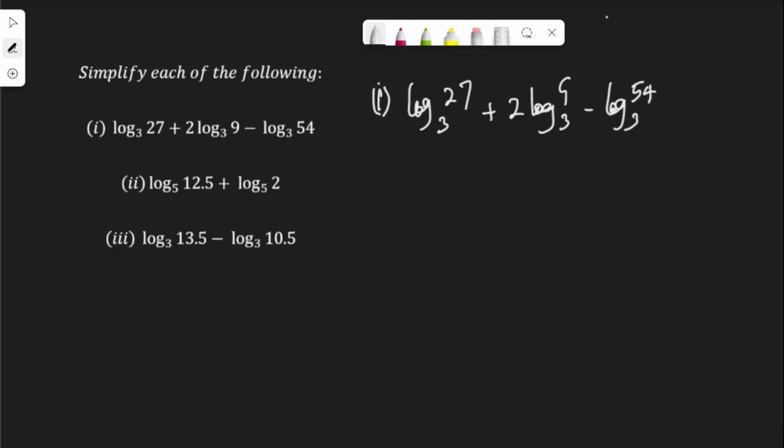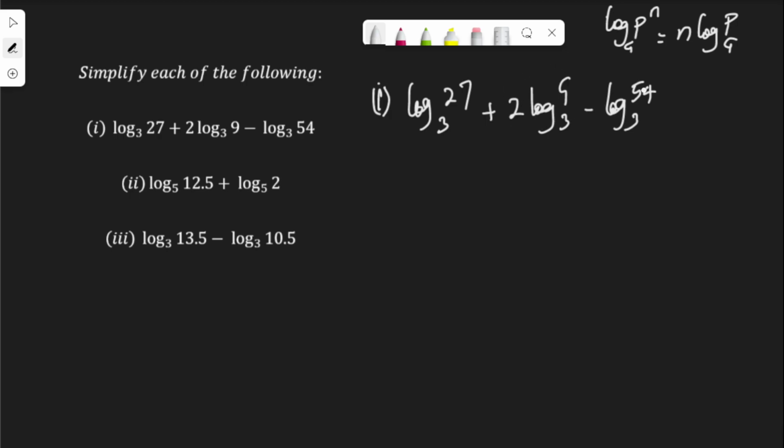If I apply the first law of logarithm to this middle term, we have a law that says log p to the power of n to base a is n log p to base a.